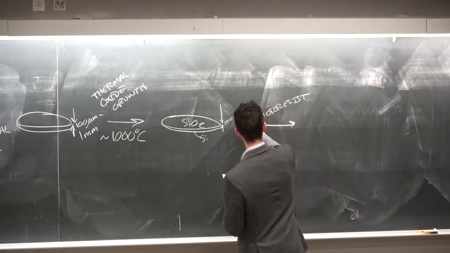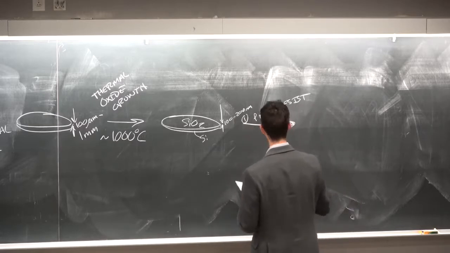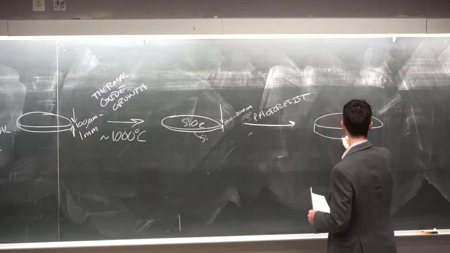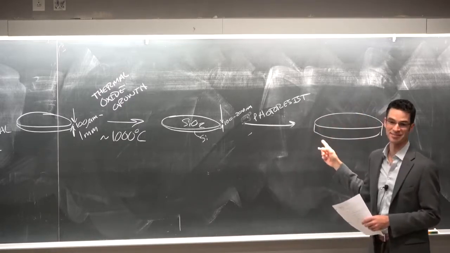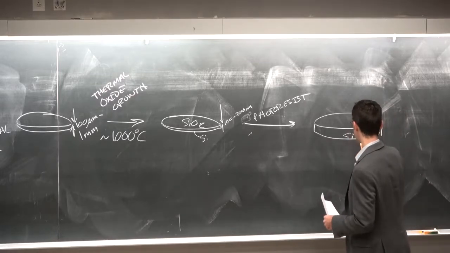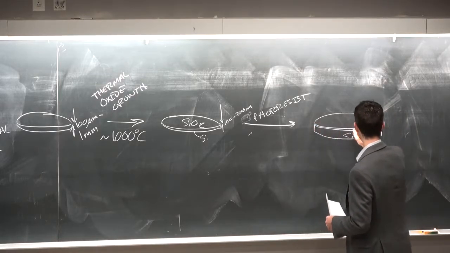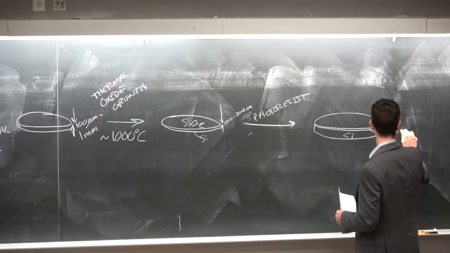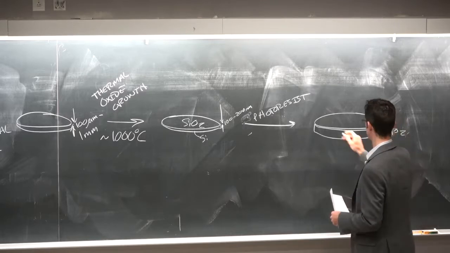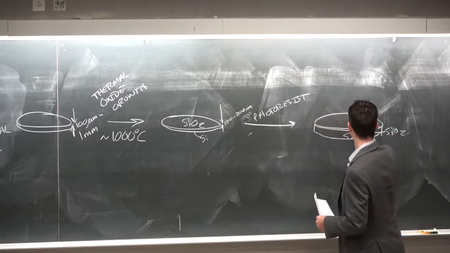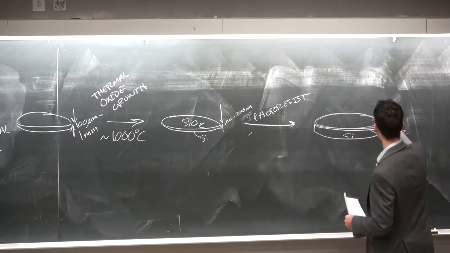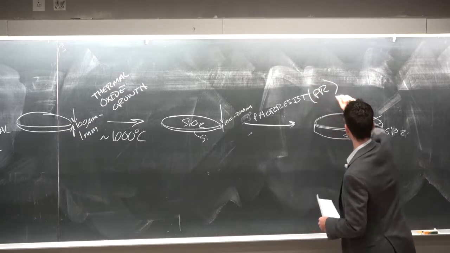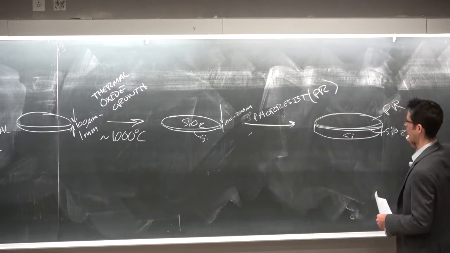Okay, photoresist, spin coating is the only step here. So now you have, I'm going to draw this thicker because I have to add layers to it, sorry. It's really the same thickness. Now you have silicon, silicon dioxide, and then on top of this, you have a thin film of photoresist, which we will abbreviate PR.